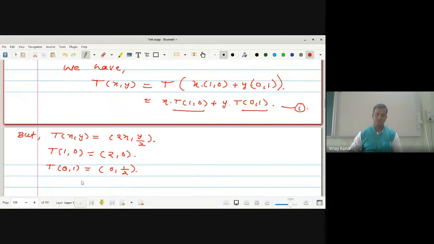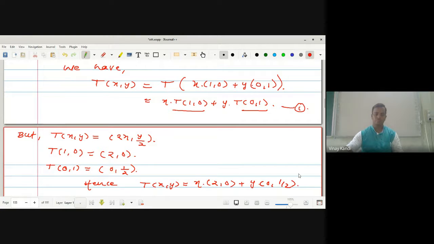Okay, so hence T of xy is equal to what? X into, what is T of 1 0? T of 1 0 is 2 0, plus y into T of 0 1, which is 0 1 by 2.